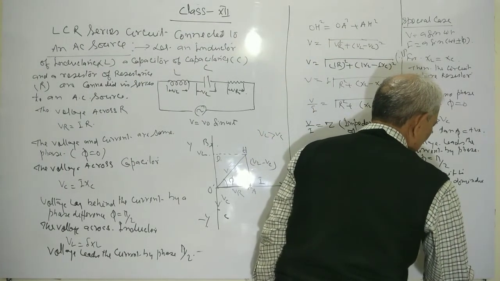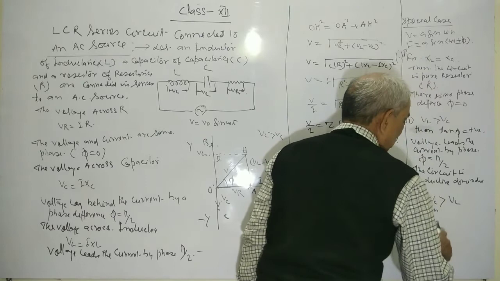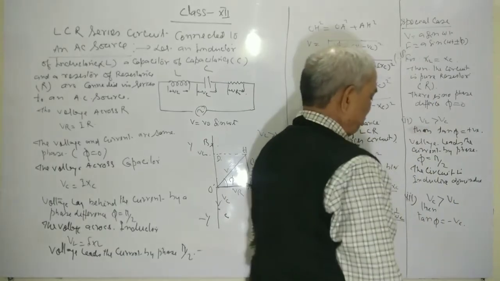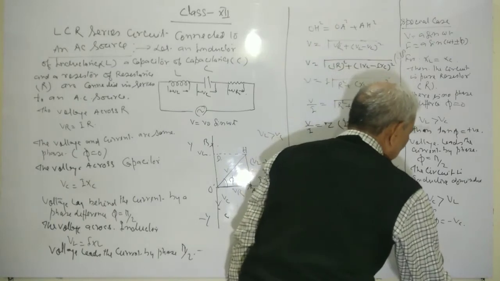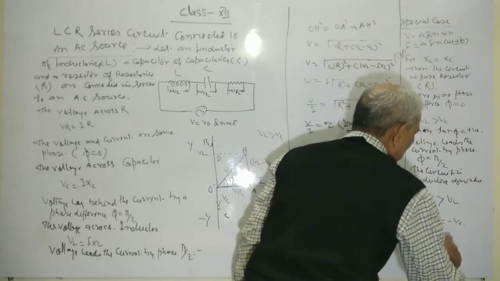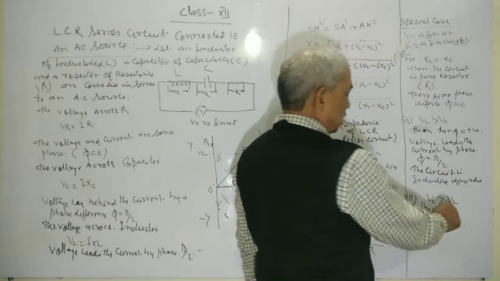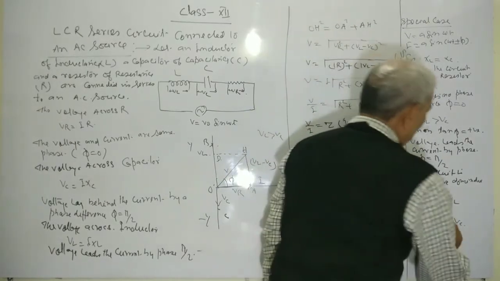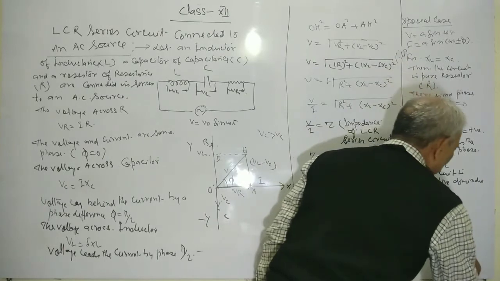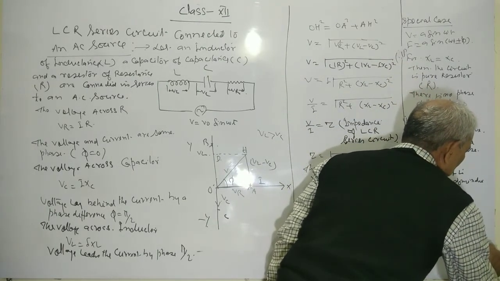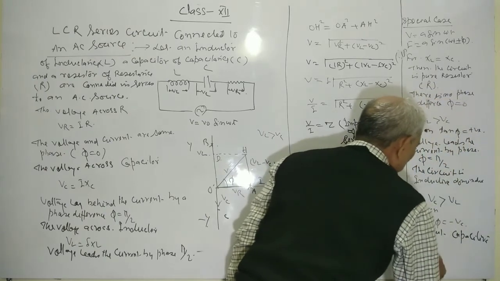Then tan phi is negative, or the circuit is capacitor dominated, capacitive dominated.